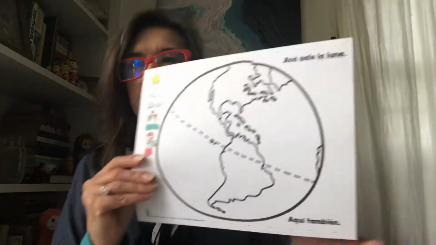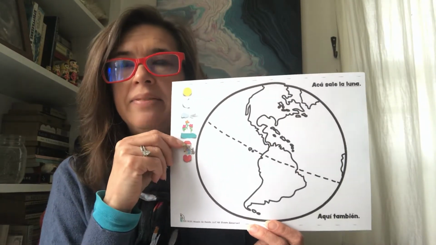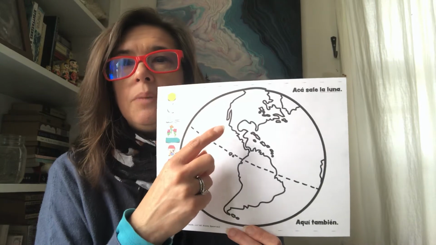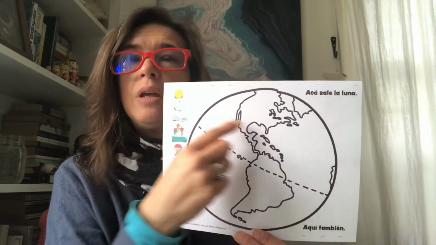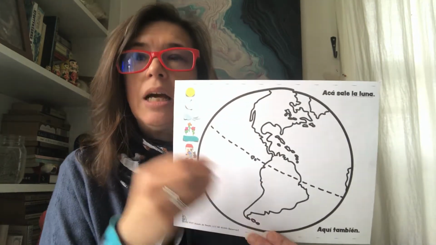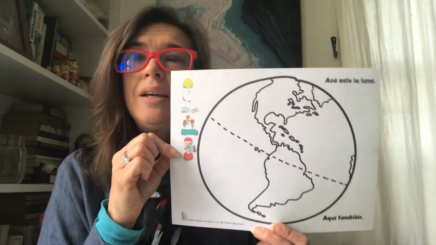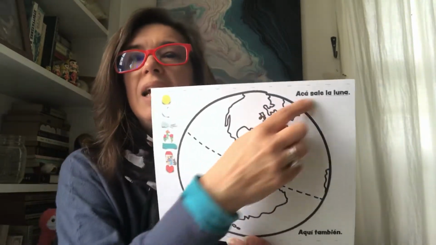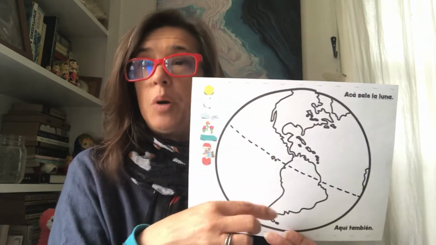To extend that also, I made these visuals which kids can then draw on. So here it says, acá sale la luna, and so they would draw la luna in Maine and la luna in Argentina, again to just reinforce that simple idea. But then I have one that you can copy multiple times that is blank, and they could choose whatever they wanted to have in both of those.